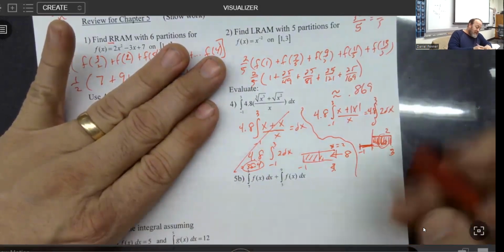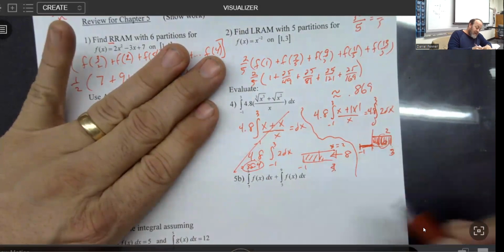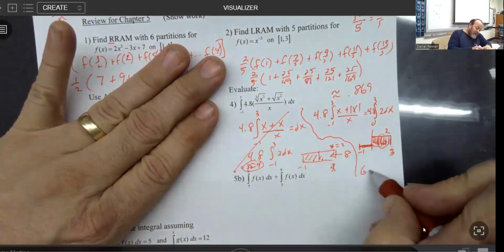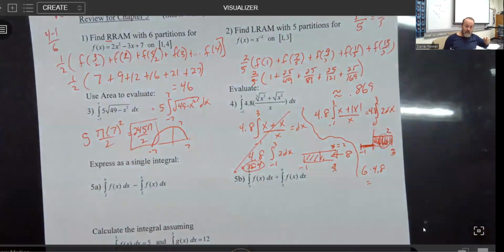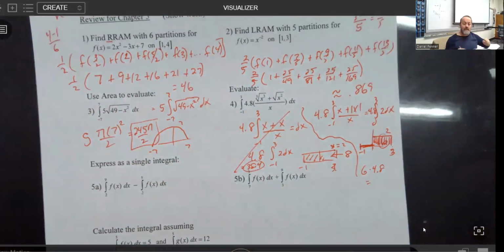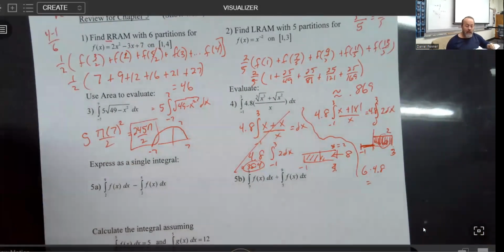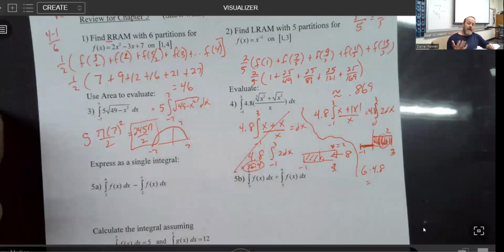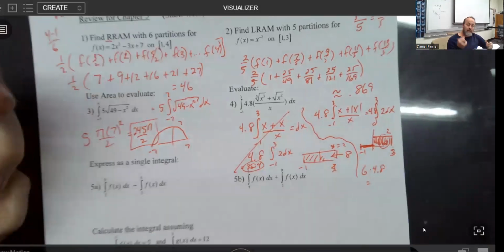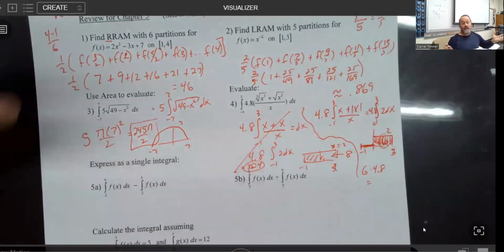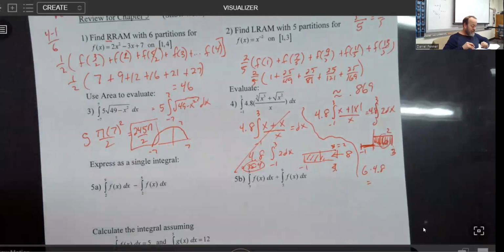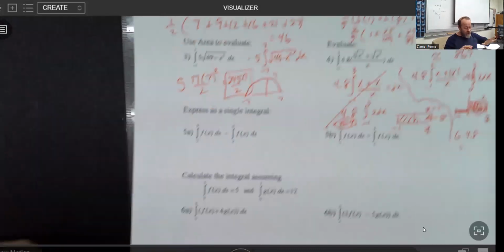So instead of saying that the answer is 8 times 4.8, it's actually 6 times 4.8. And so if that seems a little confusing to you, I'm super sorry. That turned out to be a little bit of a sticky little problem. I was trying to emphasize the idea that you want to simplify things first, but it got a little complicated. So we'll go ahead and leave that.